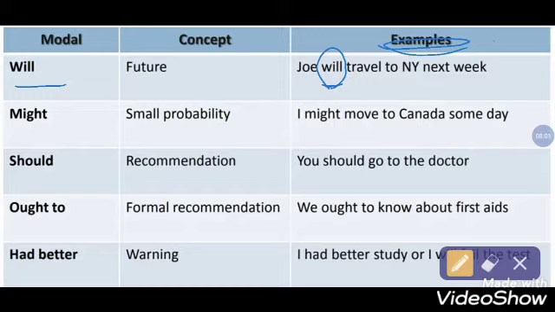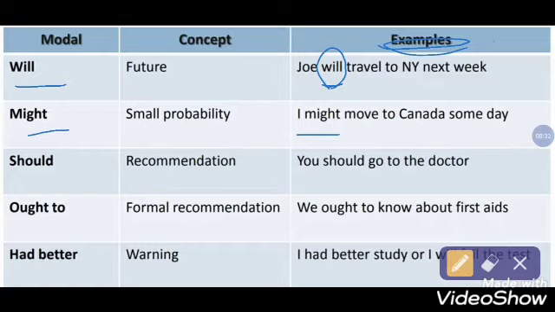Next is might. It shows small probability, like a little probability of getting rain today. For example, I might move. It's not confirmed.